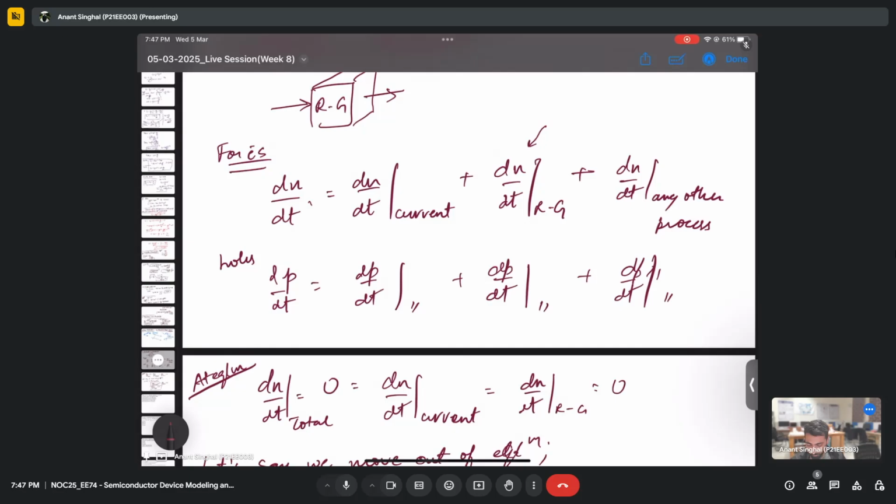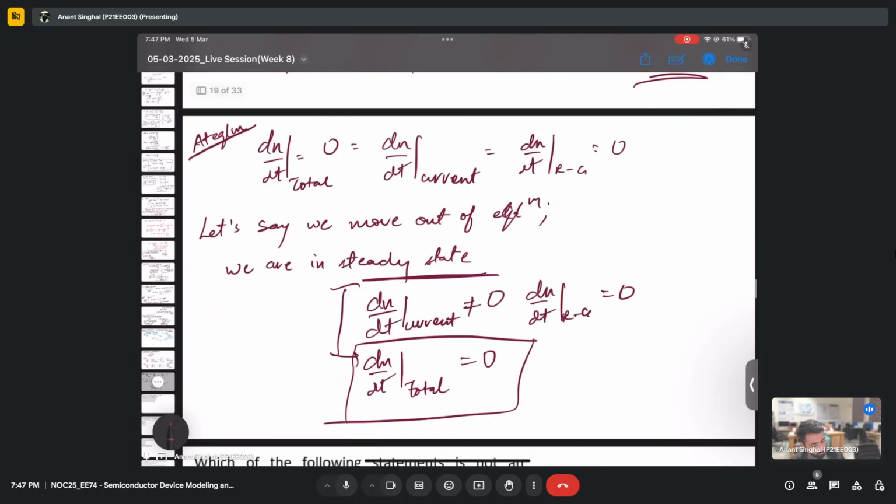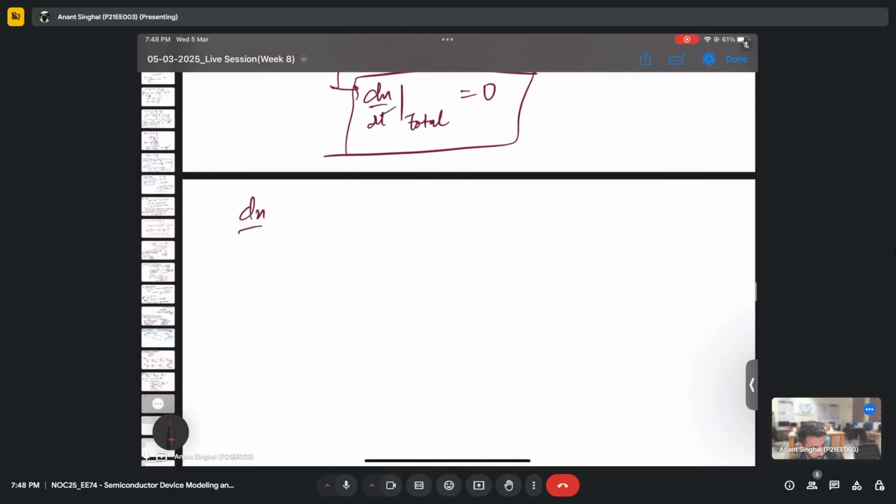Now let's say we neglect the remaining other processes, that is what I was writing, any other process. So we focus only upon the recombination generation. The dn by dt total will be nothing but dn by dt due to RG, right? And it will be nothing but the generation rate minus the recombination rate.